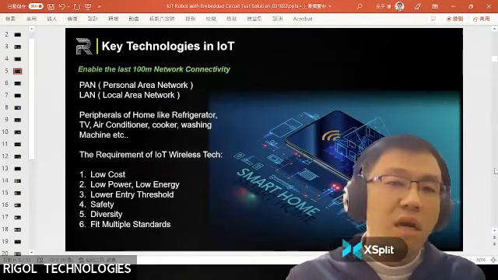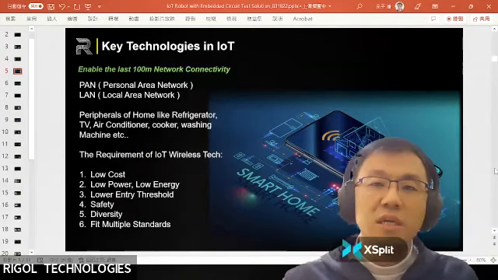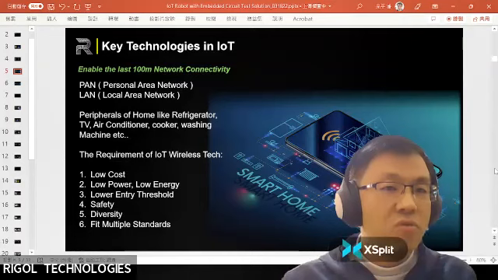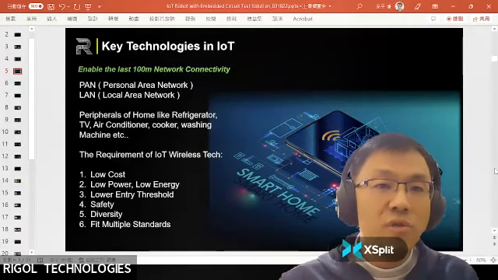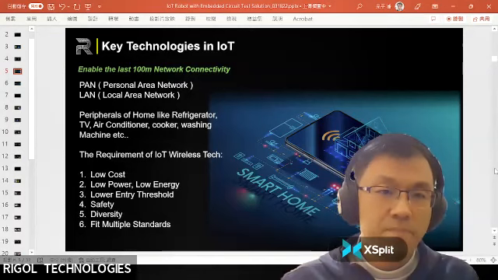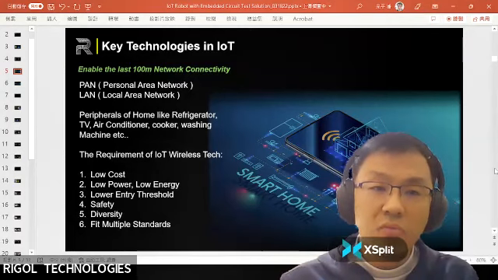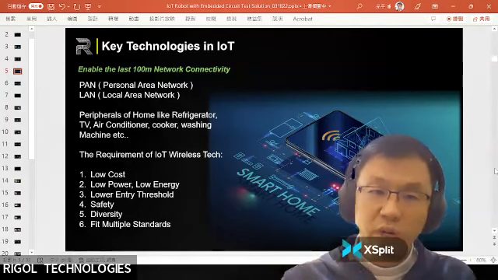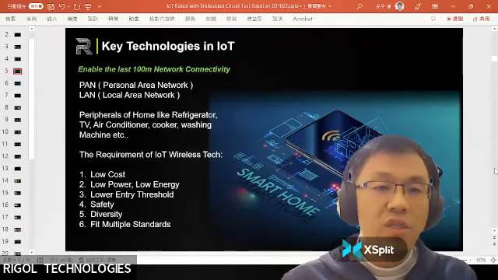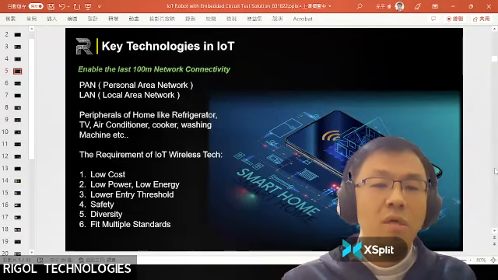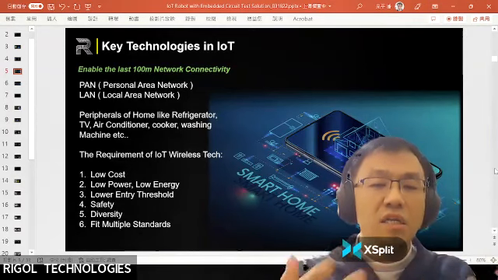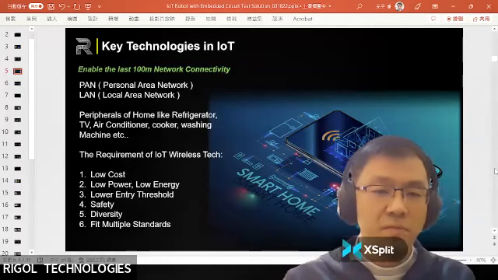So let's see the other one, the key technologies in the Internet of Things. We can say IoT is the technology which enables last-100-meters network connectivity, like the personal area network and the local area network, for home peripherals like refrigerators, TV, air conditioner, cooker, or washing machine, which can be connected and can communicate and exchange data over the cloud system.